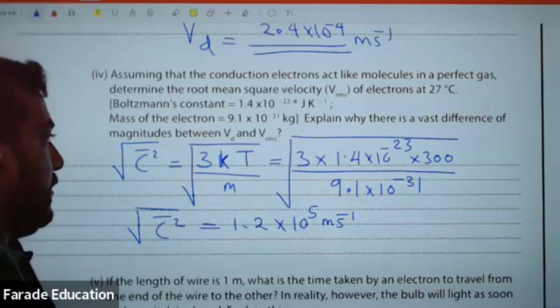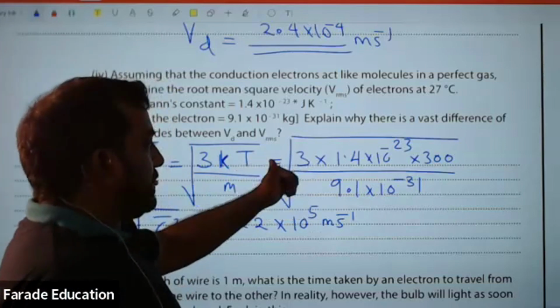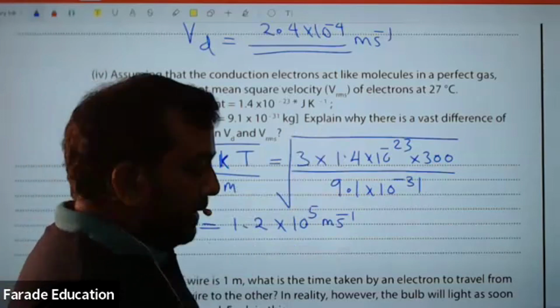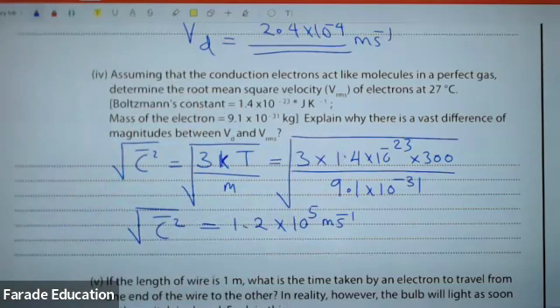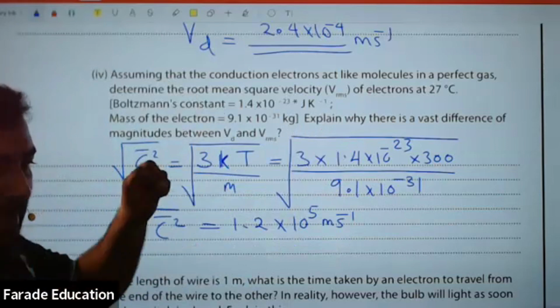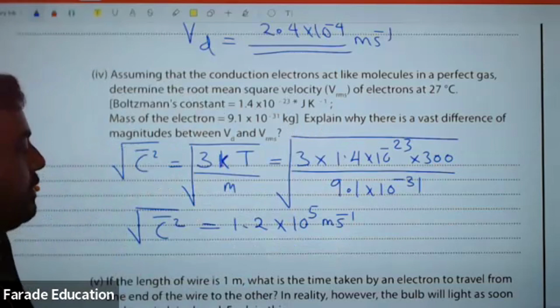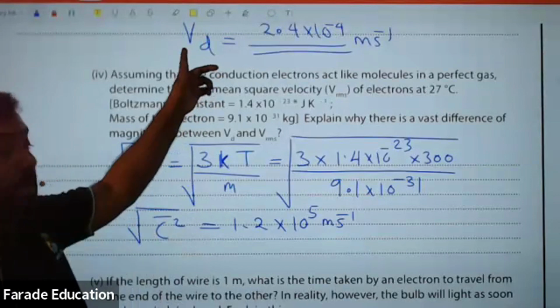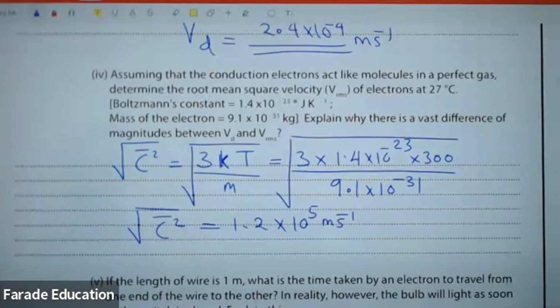In root mean squared velocity, we consider electrons as an ideal gas, colliding with other particles and moving in random directions.